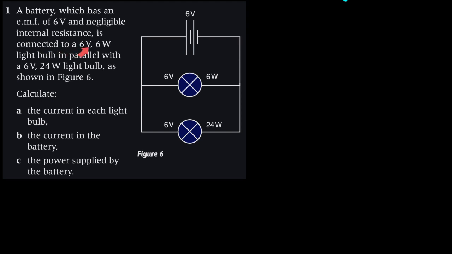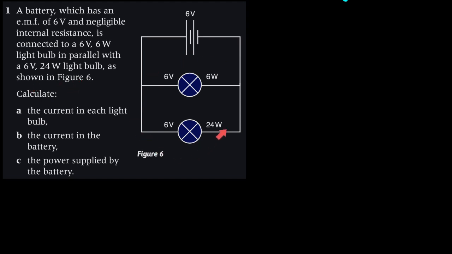It is connected to a 6 volt 6 watt light bulb in parallel. So we have the potential difference across this bulb, and we also know the power associated with this bulb. In parallel with another bulb which has the same potential difference, 6 volts, but it has 4 times as much power, as shown in figure 6.